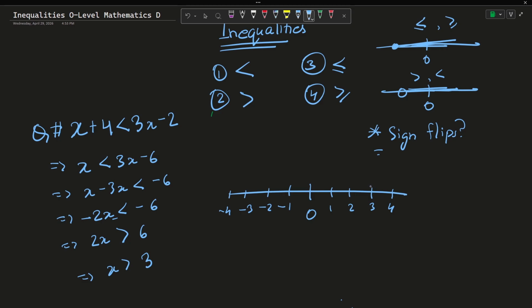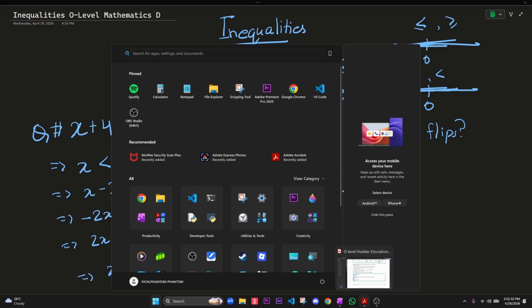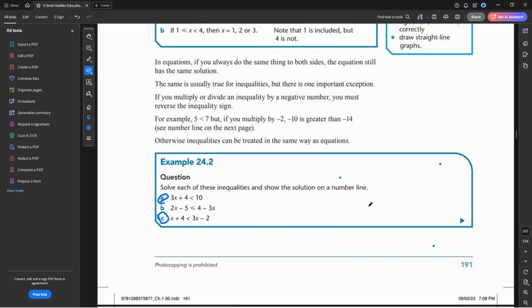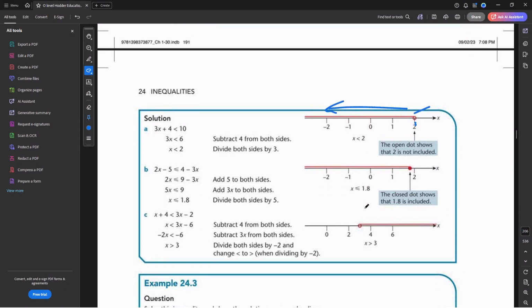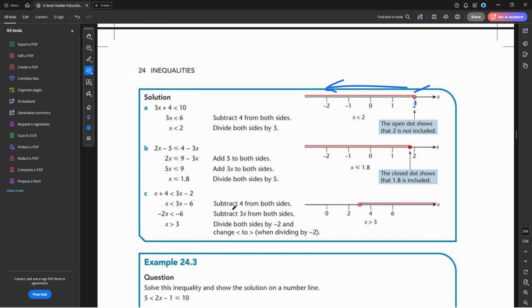So we are again going to use just the hollow circle to mark our point, which is 3, and as it is greater than, I will have to shade the number line on the right of our point. So let us check our solution. I hope it's correct. And I also hope that you guys were able to find the solution by yourself.